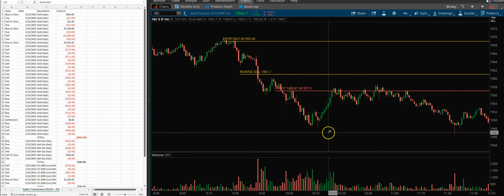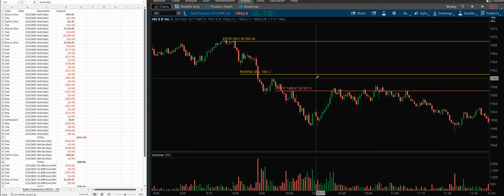I did have additional targets, like I said, but when I'm trading gold or any of the indices, any of the commodities, I'm going to just go for the first target. So I went ahead and got out, took my target at 1957. I really didn't add anything to the trade, and it was just really a mishap on my part.